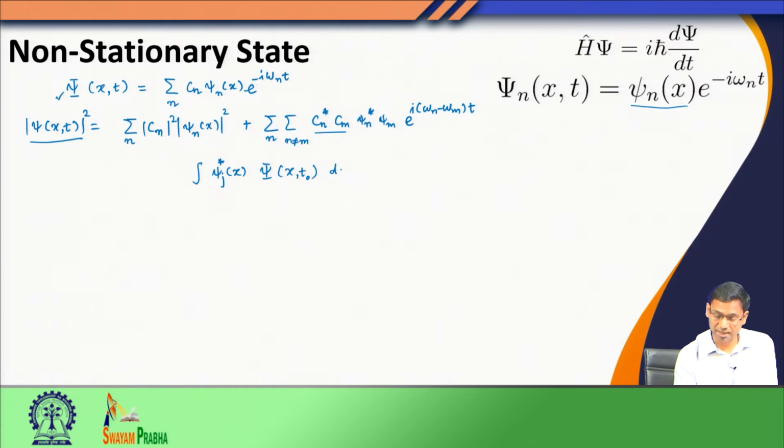I would start the system at time t equals t 0, and then try to evaluate this overlap integral. Since this function is expressed in terms of this series, I can write this as a sum over C n, and I am integrating this function.